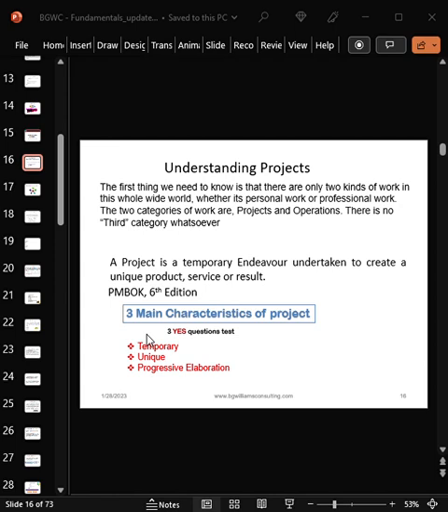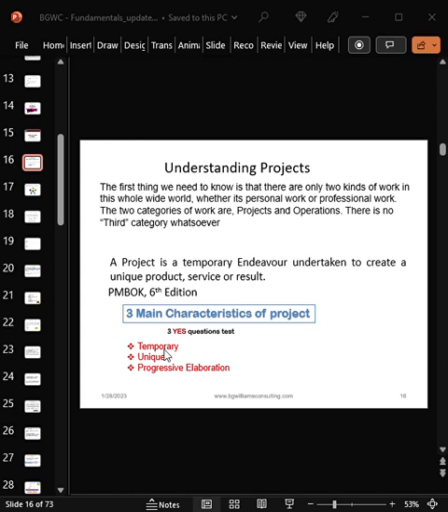Your three characteristics must have a yes, which means you're going to ask yourself the three-question test. These three characteristics must have a yes as an answer. That is what enables you to conclude that the task that has been assigned to you is actually a project, not an operation or operational work.